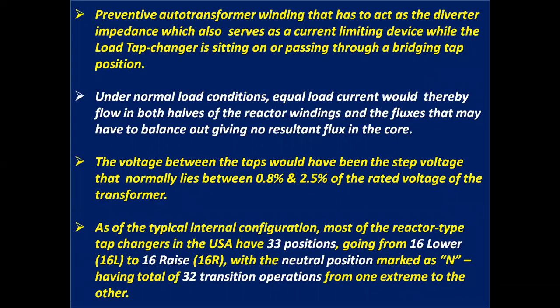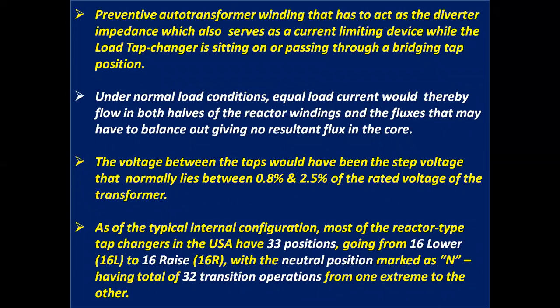The preventive auto-transformer winding has to act as the diverter impedance, which also serves as a current limiting device while the load tap changer is sitting on or passing through a bridging tap position.